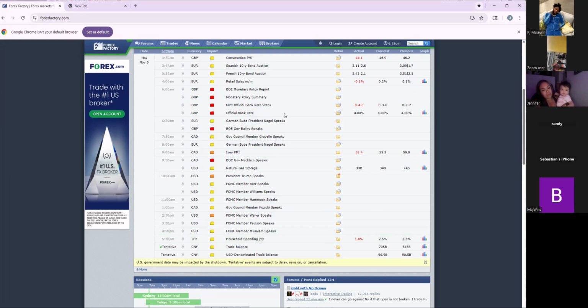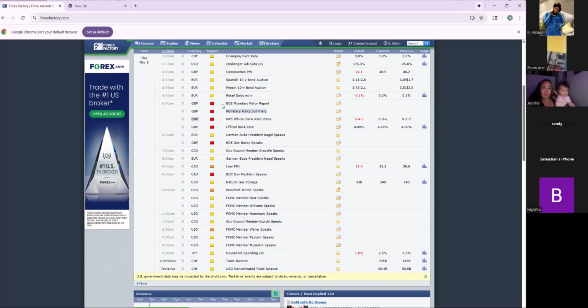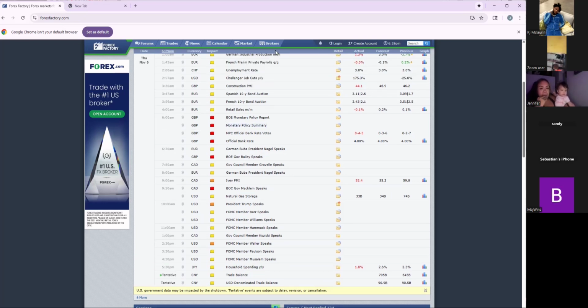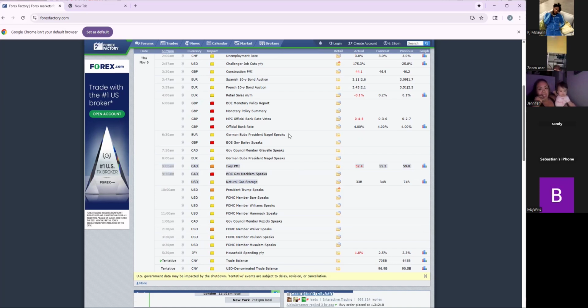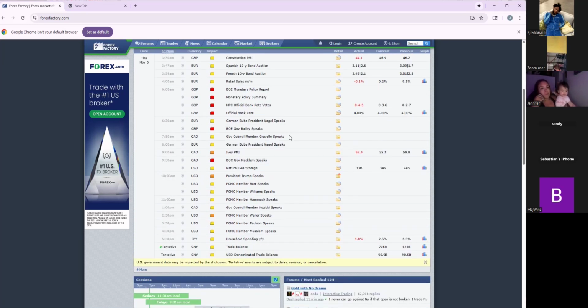See, Trump get to talking, and then you got these red folders up here to let you know that that's about to happen. Next thing you know, some shit happens. I guess I was just looking for the red ones, because to be honest, I'd be ignoring the orange ones. Yellow, orange, that shit don't really do much. Had I known that, I probably would have just been like, all right, he's gonna drop it.